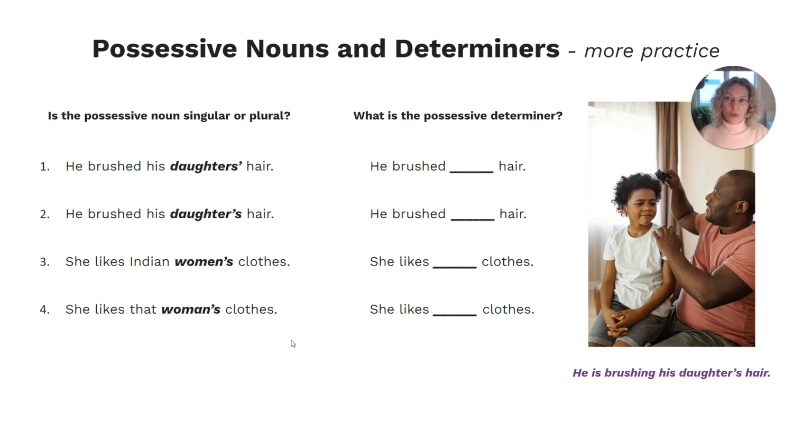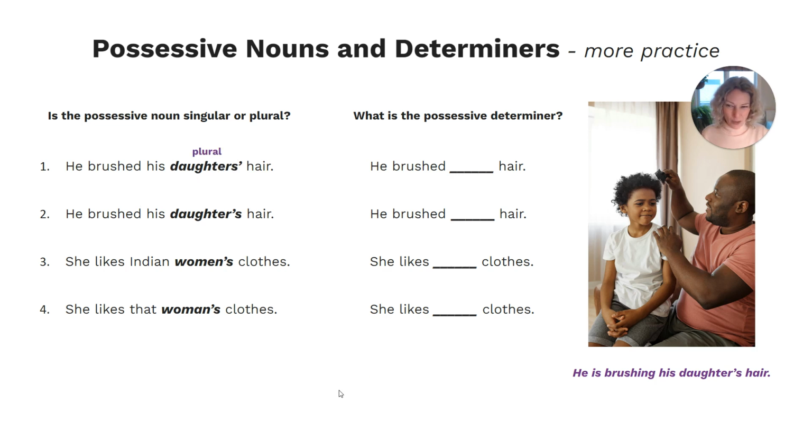Let's do some more practice now with these apostrophes. In each sentence, we're going to identify whether or not the bold noun is singular or plural, and then we're going to fill in the possessive determiner on the right. So number 1, he brushed his daughters' hair. Is that possessive noun singular or plural?